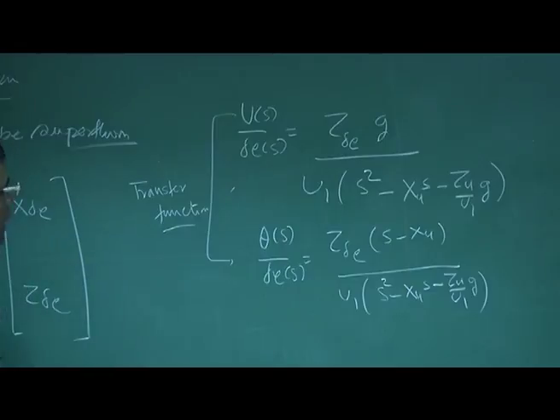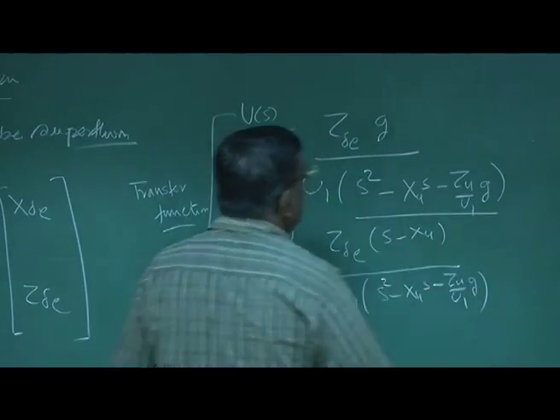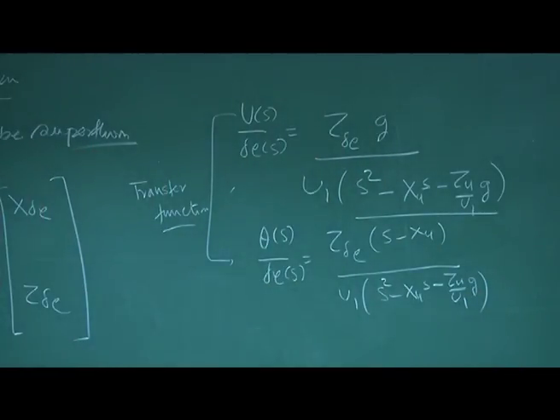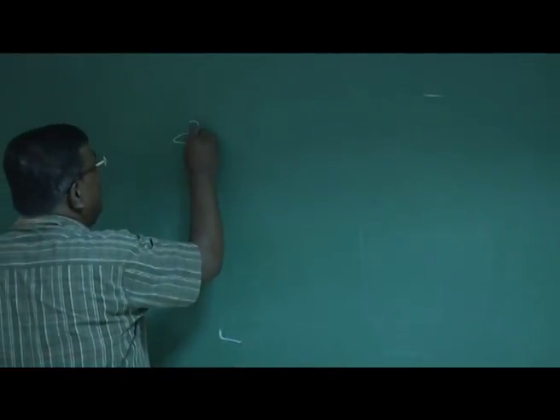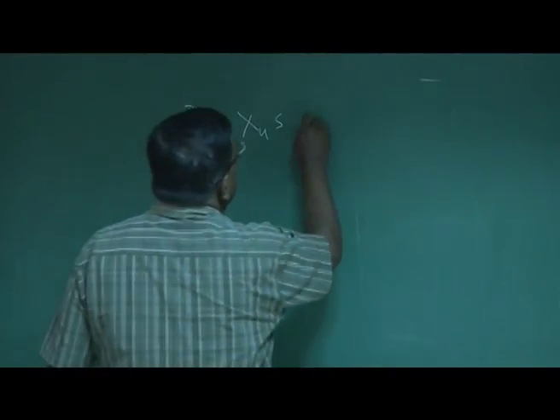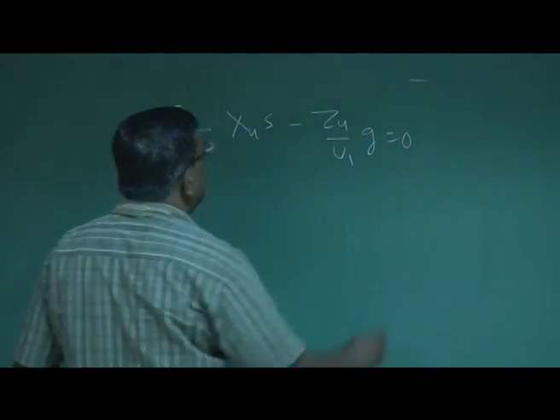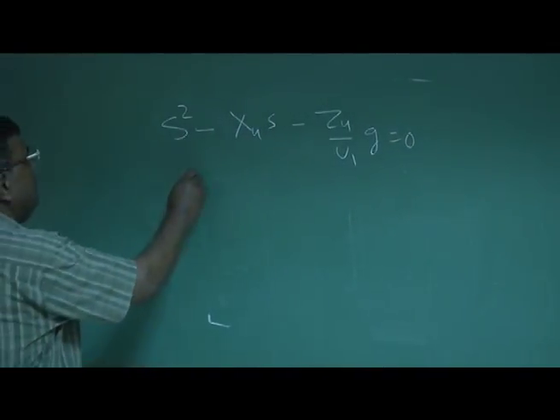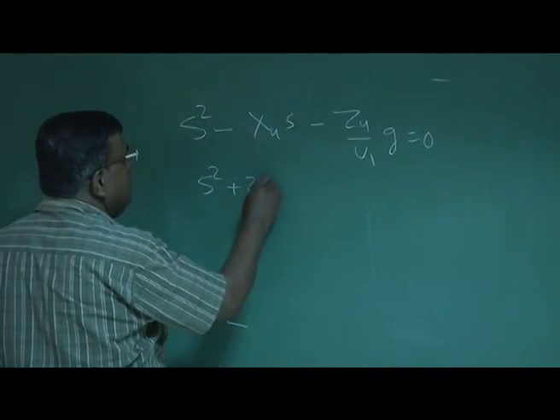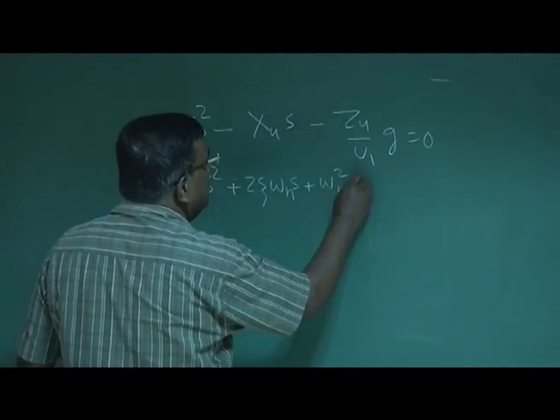Okay. Now if I want to find the roots, then what I have to do? I have to ensure that this denominator is 0, this is the characteristic equation. So if I put that to 0, I get s squared minus xu s minus zu by u1 into g equal to 0. So again you see, this is of the form s squared plus 2 zeta omega n s plus omega n squared equal to 0.